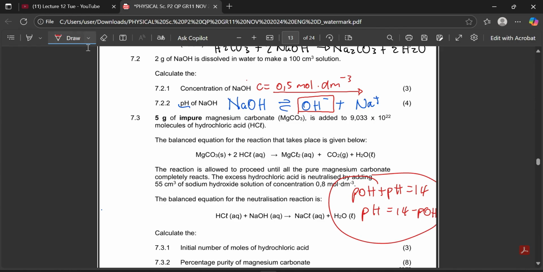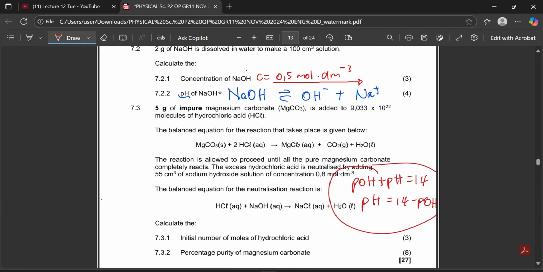Remember, I said that the stoichiometric ratio is what we use when we want to determine the pH. We look at some substance with its ions. So we're looking at the ratio of sodium hydroxide and its particular concentration, right? There's 1 mole here and 1 mole there, meaning that the concentration of NaOH is equal to the concentration of OH minus.